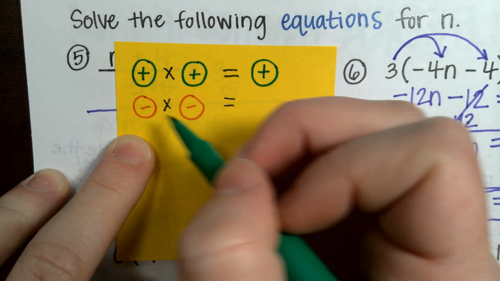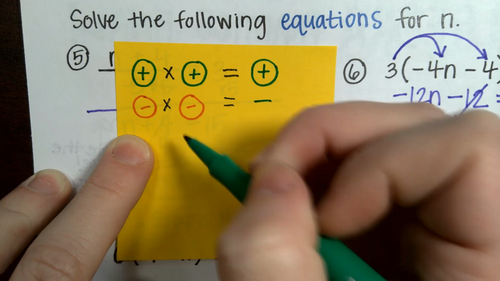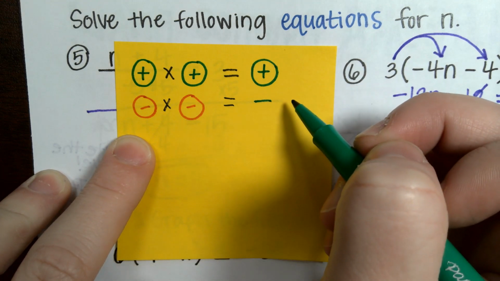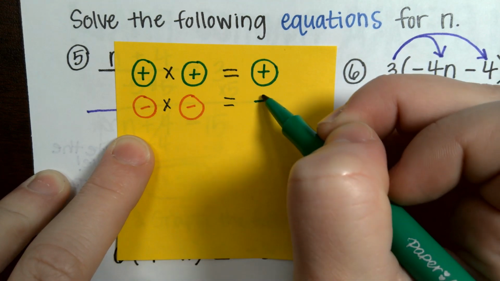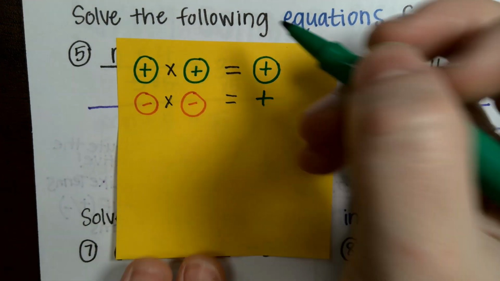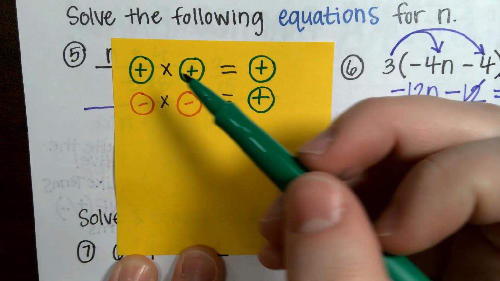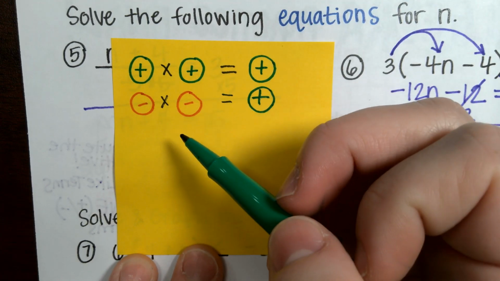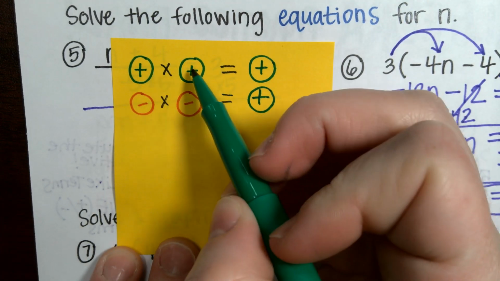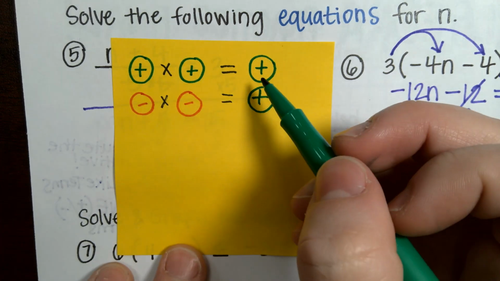I'm multiplying both, so I'm going to bring this negative over, and then I'm going to bring this other negative over. And I don't want to write it beside each other, so I'm going to stack them on top. It's like they come together to become a plus. Those negatives cancel each other out. So anytime I have the same sign and I'm multiplying or dividing, meaning I have two positive numbers or two negative numbers, I'm going to always get a positive answer.